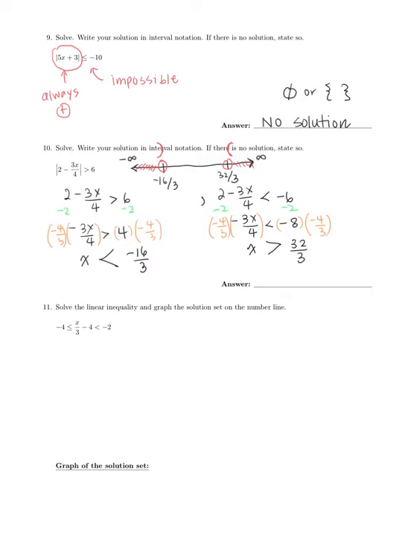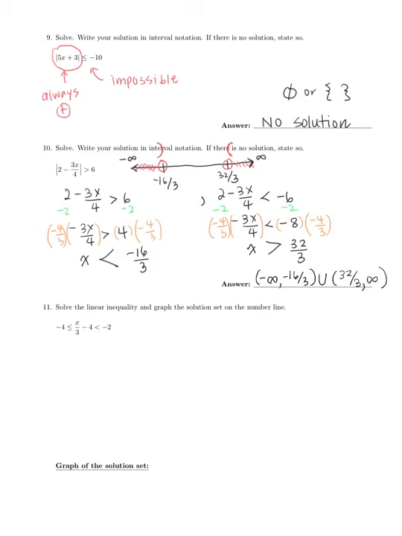Well, we shade it from negative infinity to negative 16 over 3 and 32 over 3 all the way to positive infinity. So here, my answer is going to be negative infinity, comma, negative 16 over 3, and then union, here you're going to have 32 over 3, comma, to positive infinity.